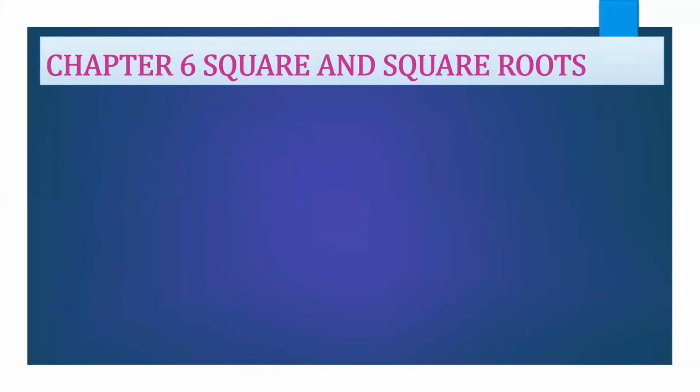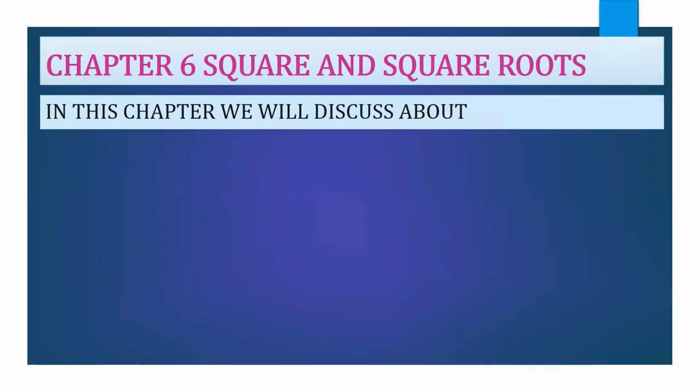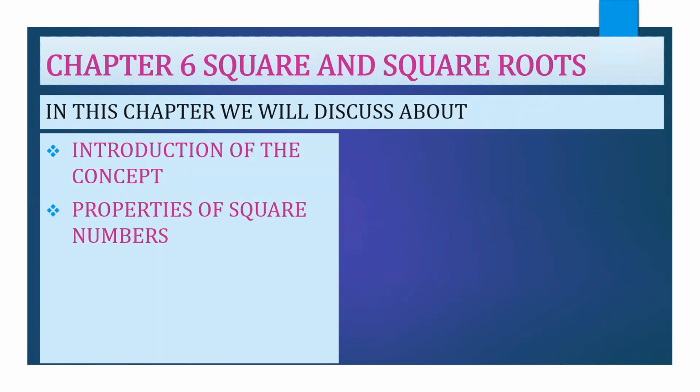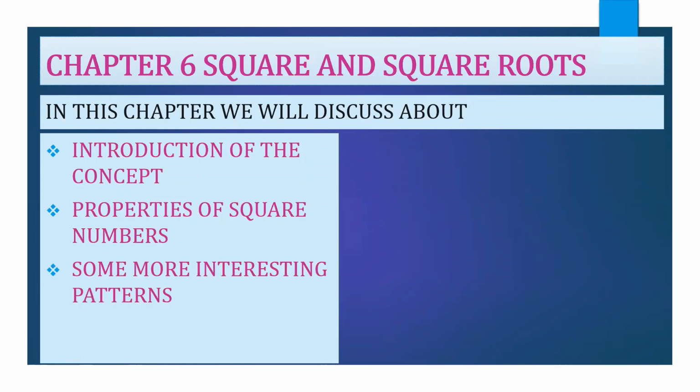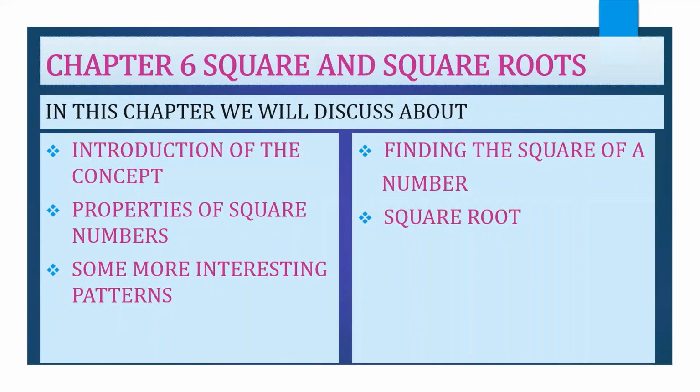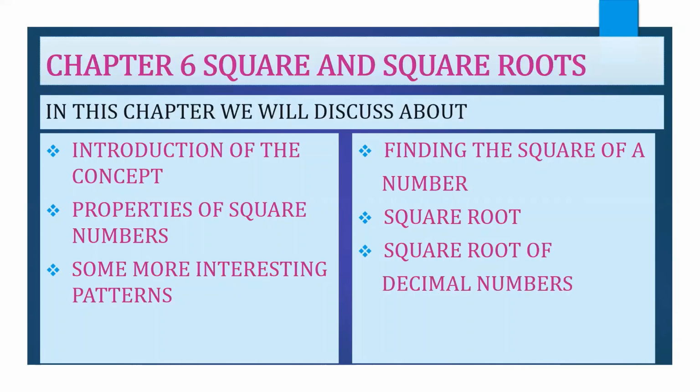Students, let's start with first session of chapter 6, Square and Square Roots. In this chapter, we will discuss about introduction of the concept, properties of square numbers, some more interesting patterns, finding the square of a number, square root of decimal numbers, and estimation of square root.